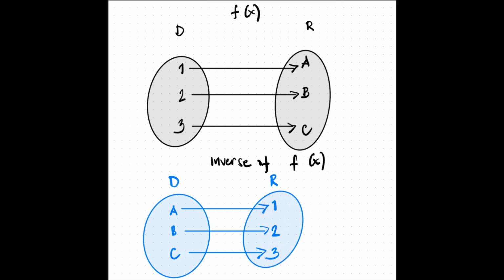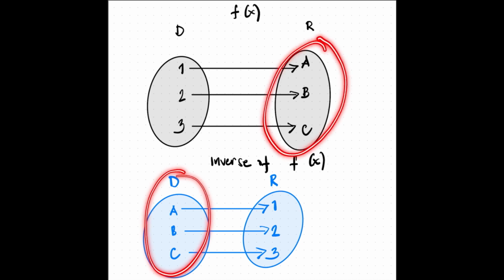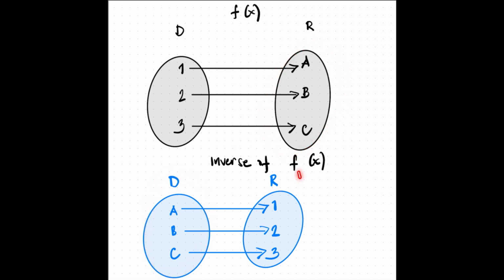Now, can you see the difference? It means, therefore, that the domain of the inverse of a function is simply the range of the original function, and likewise the range of the inverse is the domain of the original function.